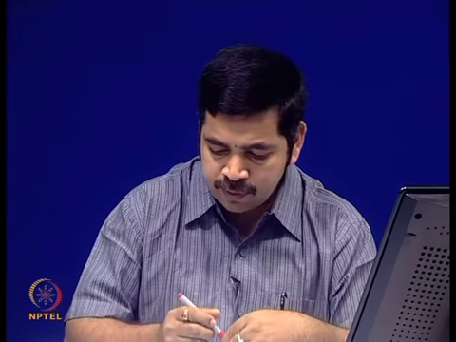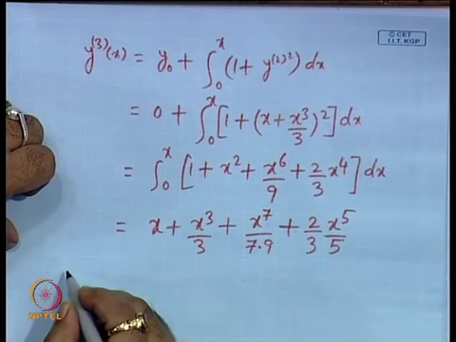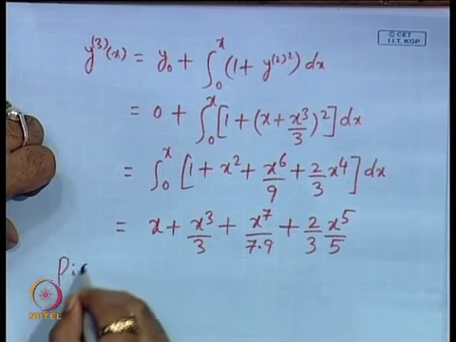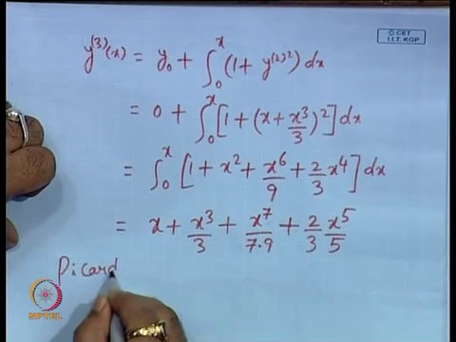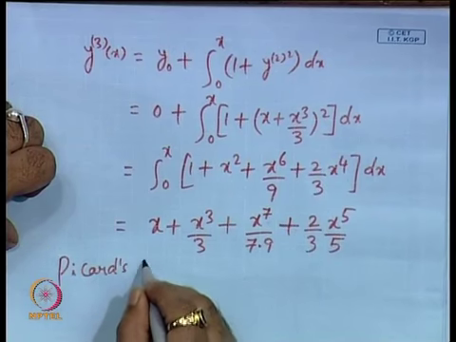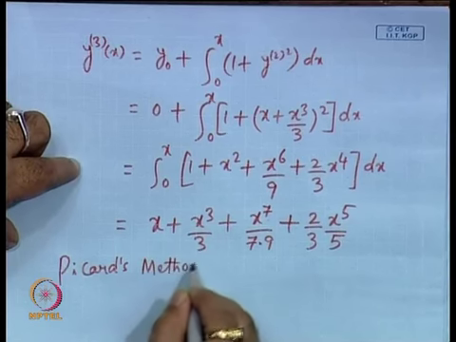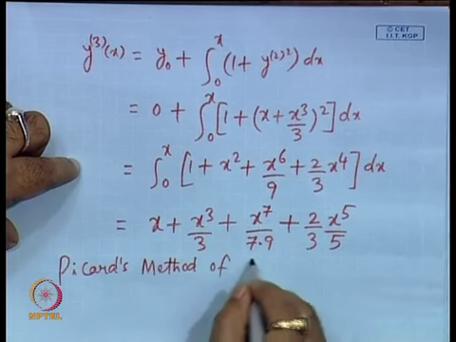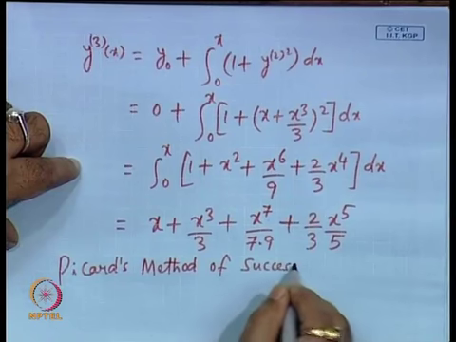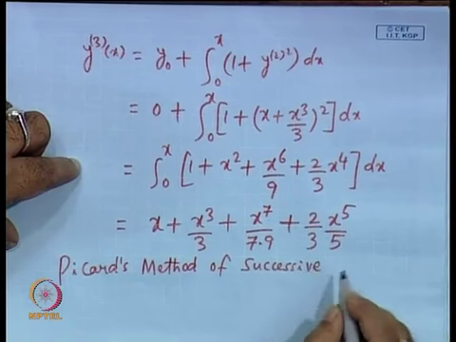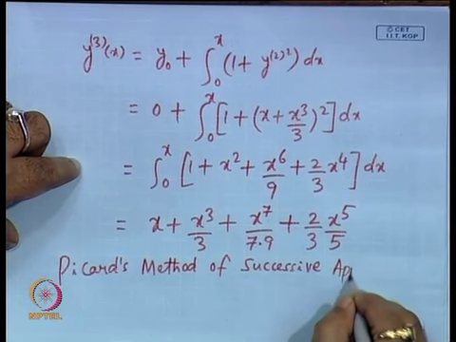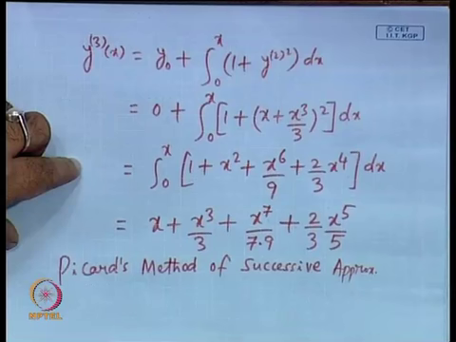Now, is there any particular name given to this method? Of course, yes. It is popularly known as Picard's method of successive approximation.